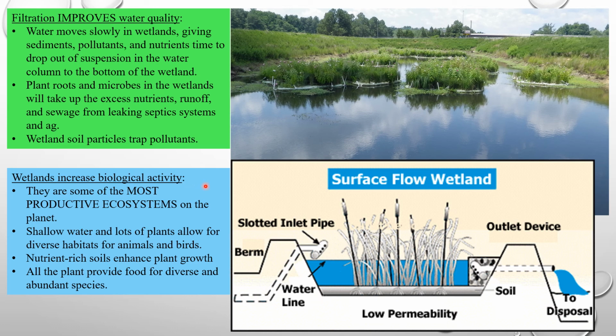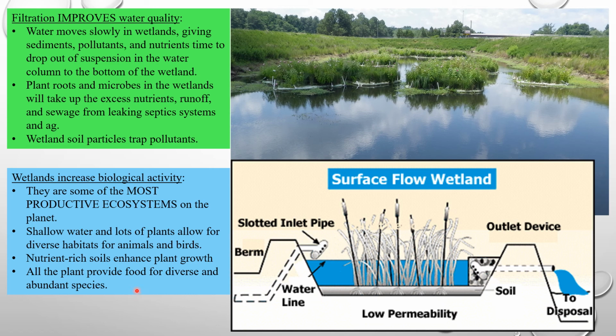They are the most productive ecosystems on the planet. They are so important. They have shallow water, like it's not like you can go diving off a boat into a wetland. You're going to hit bottom real quick. You don't ever dive in a wetland. They have so much habitat and so much diversity.